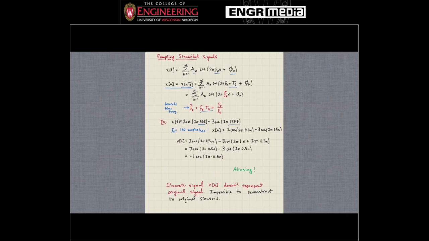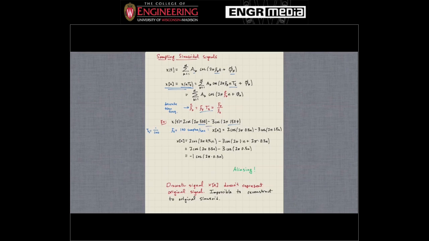Now let's say I decide to sample that at 100 samples per second. That would mean T_s equals 1 over 100. Now I'm just going to plug into this equation here, reuse it down here, and come up with an expression for x[n], replacing everywhere there's a t in this continuous time signal.